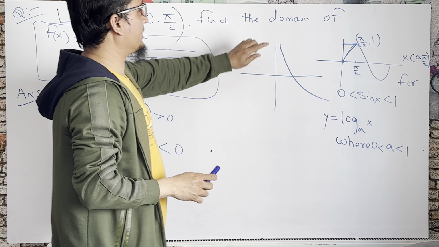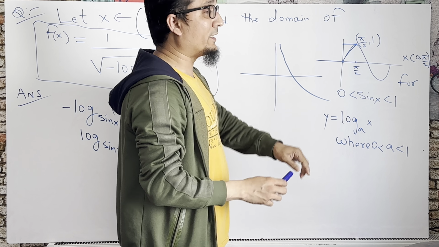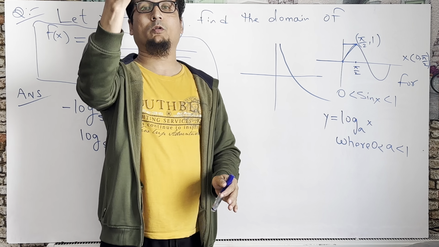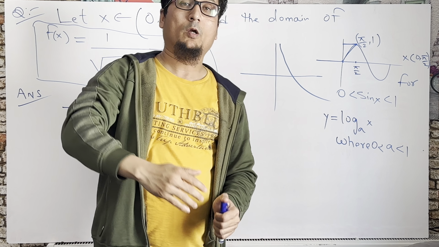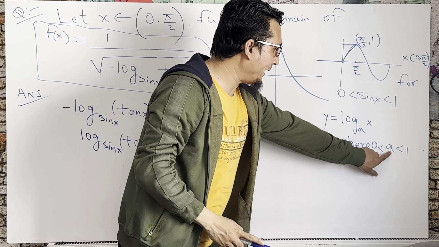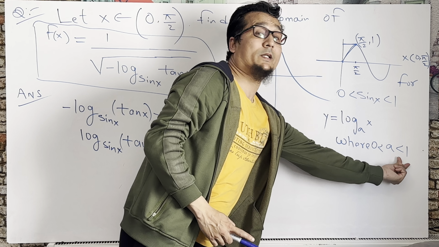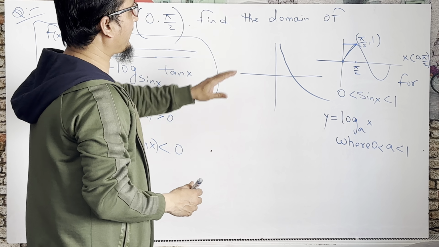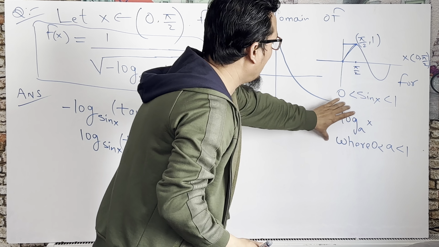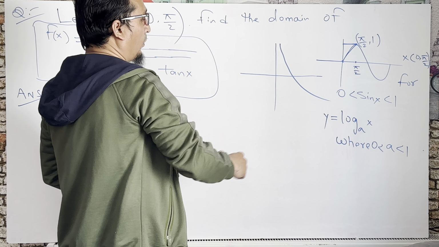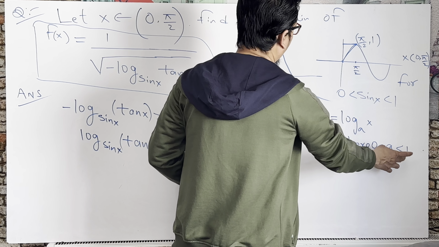This is very important. The graph never comes from the down, it always comes from the up, when the value of a is greater than 0 but less than 1. So this is the graph of log base a of x, where a is greater than 0 but less than 1.